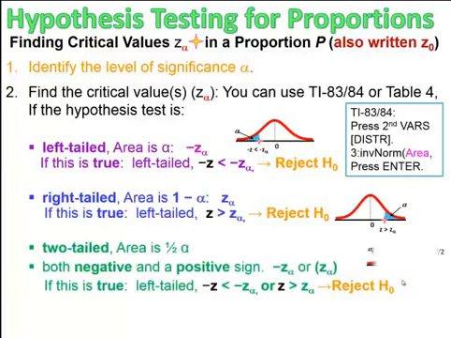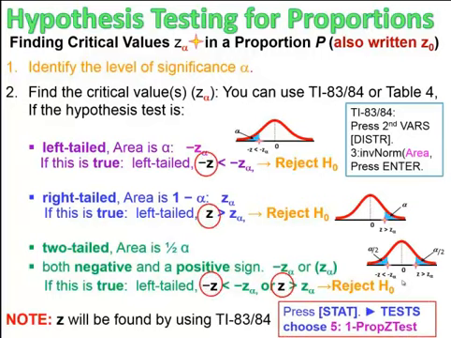And then lastly, if it's a two-tailed test, you're going to have to take alpha and divide it by 2 in order to find the correct critical value. Remember, you're going to have both the positive and negative of that value. And if our test statistic is less than the negative critical value or greater than the positive critical value, then we would reject the null hypothesis because it would fall into the shaded region.